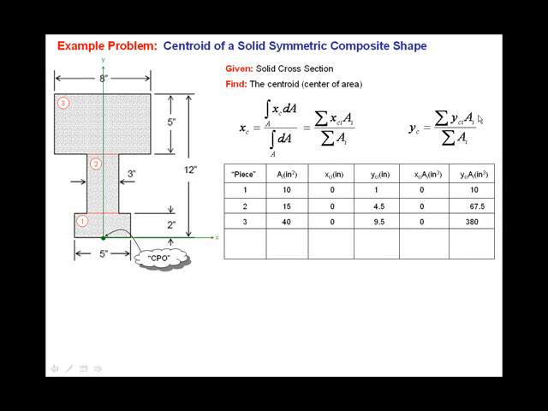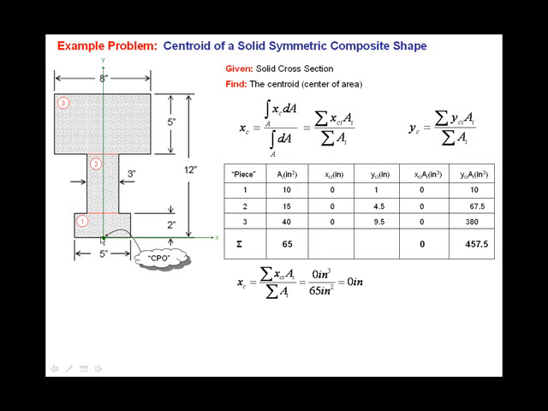Now, in order to apply these equations for the centroid of the composite shape, we'll need to sum the area and these two product columns, ending up with these values. Now it's simply substituting these values into these equations to compute the distance to the centroid based on that reference point.